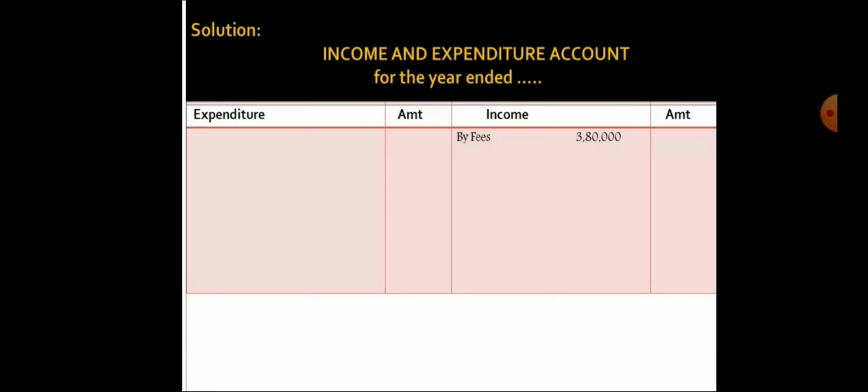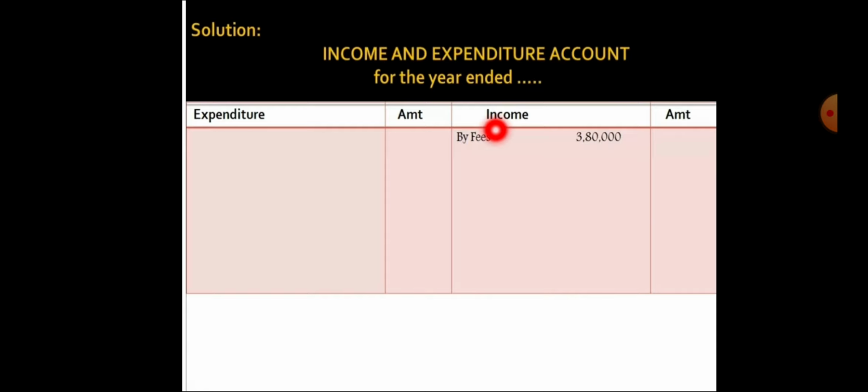First thing you have to do is, in your solution part, prepare the income and expenditure account. You can write the title: for the year ended. Prepare a box in which you will have expenditure on the debit side, amount column, income column and amount column again. This is your credit side.